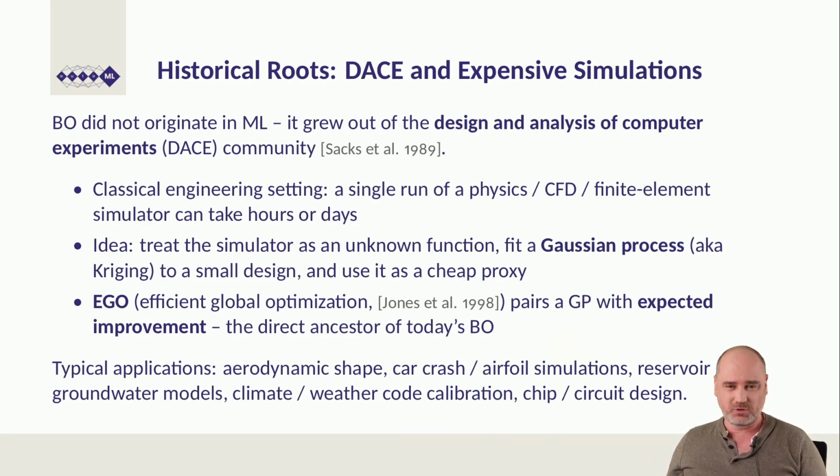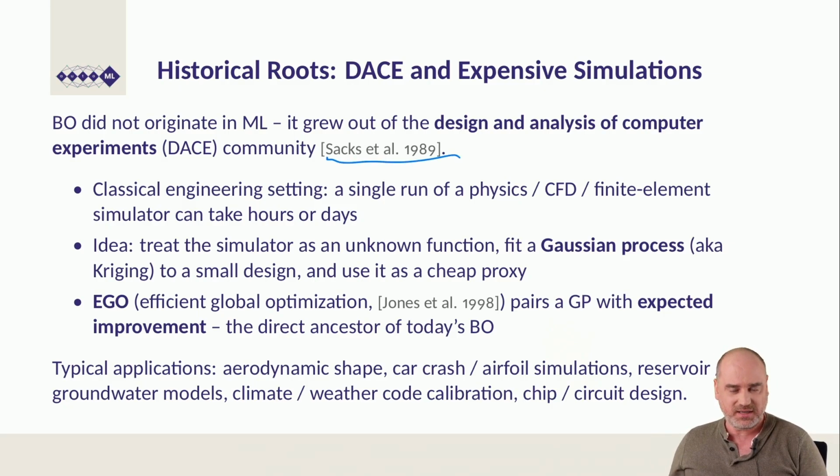And this is also tightly connected with the historical roots of Bayesian optimization. So Bayesian optimization actually didn't originate in ML, or let's say in AutoML. It grew out of an area which was called design and analysis of computer experiments. You can see here a very famous book from the end of the 80s.